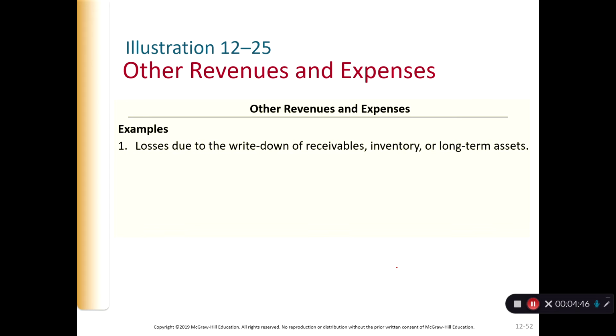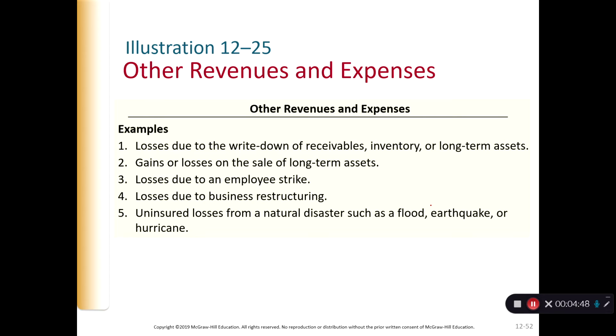Okay, so there are also other kinds of revenues and expenses, such as loss due to write-down of receivables, gains and losses on sale of long-term assets, losses due to an employment strike, losses due to business restructuring, or uninsured losses from natural disasters such as flood, earthquake, and hurricane.